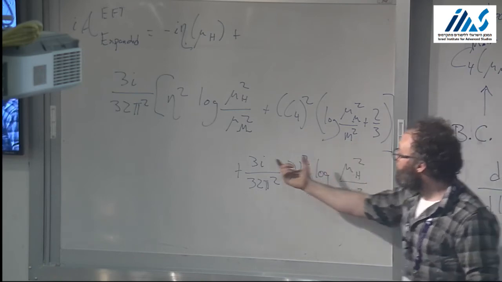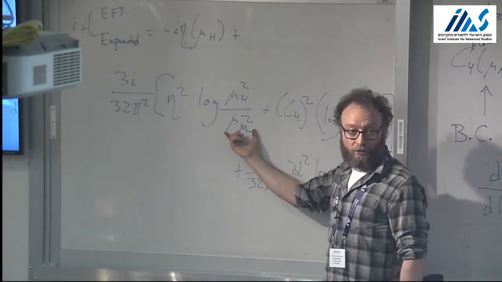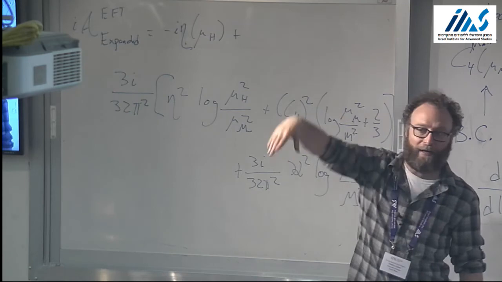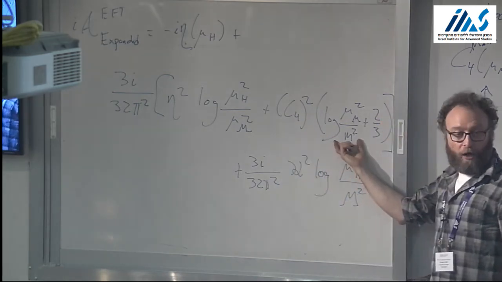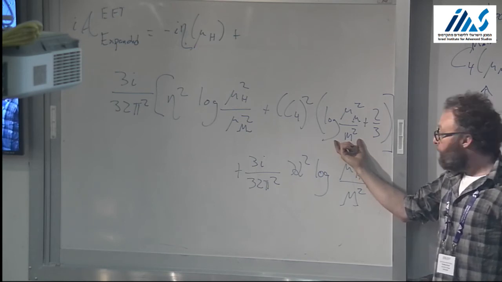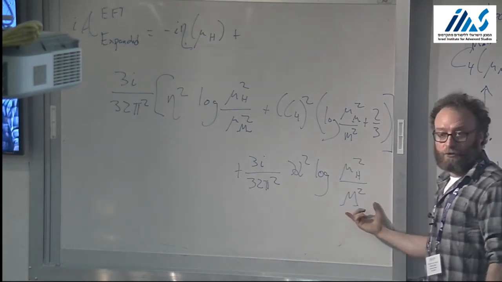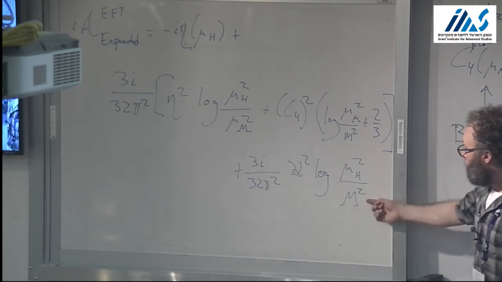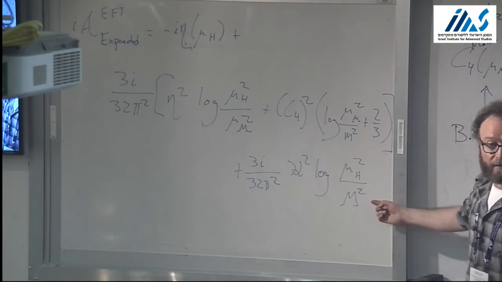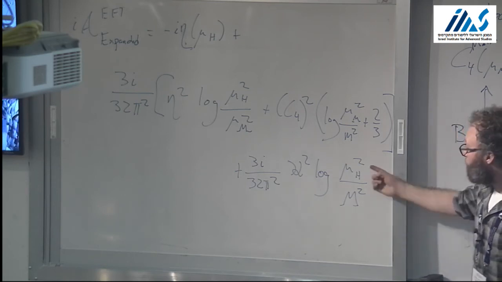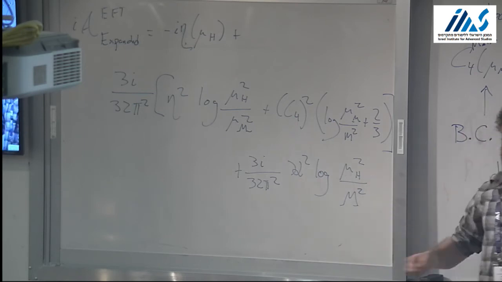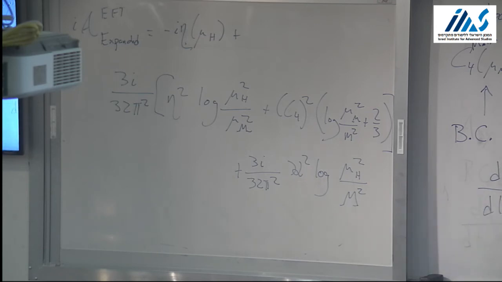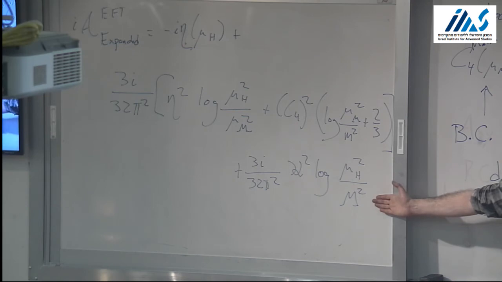So just like this is not a large log, doesn't give me a large log problem, even if mu high is many, many orders of magnitude bigger than the matching scale, similarly here, I don't have a large log problem, I use the RGEs to sum it. And then I have this extra term that came from matching. This thing doesn't get summed, okay? This is like a finite correction. It depends on the scale mu high, which is not a scale that we RG, but we don't have to, because we get to pick it of order big M, okay?